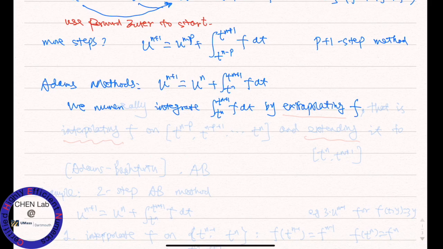By extrapolating f, again we go back to the Tn minus p, Tn minus p plus 1, all the way to Tn, by extrapolating f.